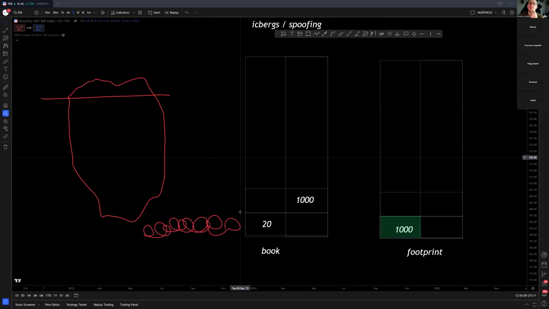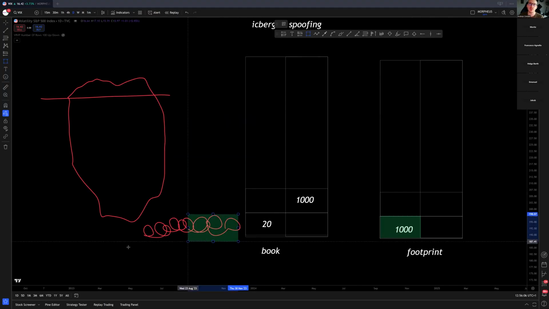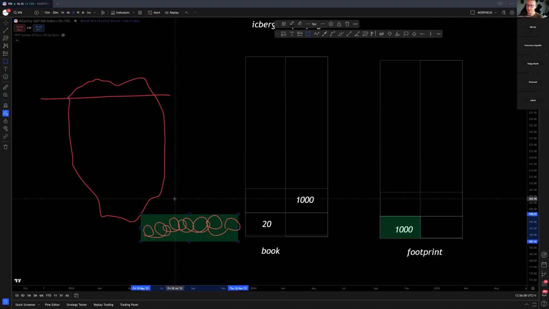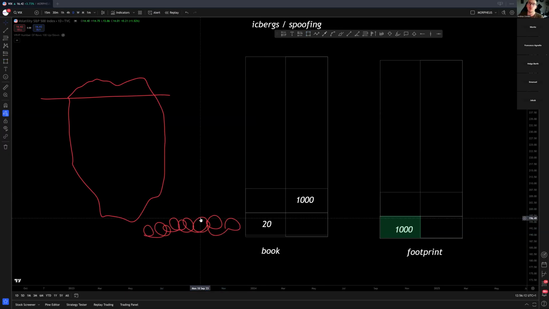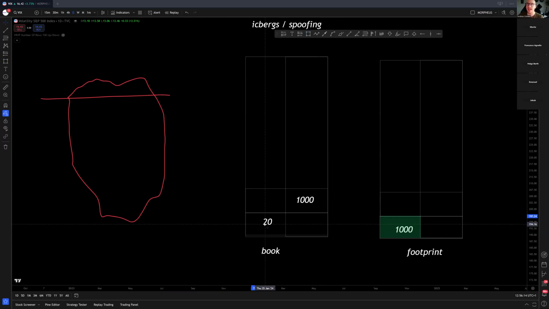So that's what happens. An iceberg order is an order which is trying to be hidden, and it's basically an algorithm that refills the book as soon as these contracts are being executed by the market.